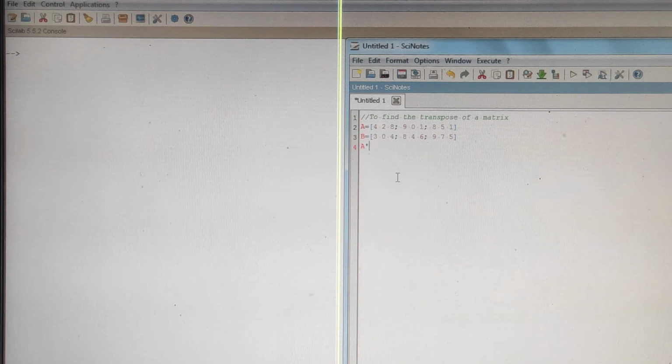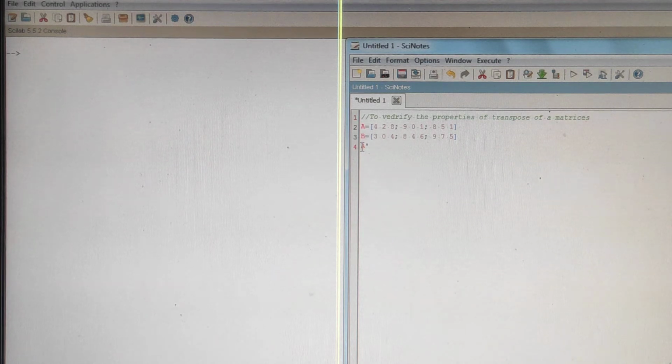Now to verify the first property, the transpose of the transpose of a matrix, that means A transpose to the power transpose is equal to A.